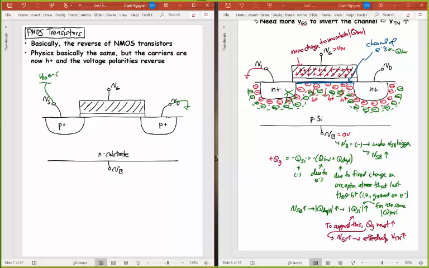But at any rate, this will be the positive voltage here, more positive than what I have on my drain. Okay, the gate voltage that I'll put is going to be less than this VDD. So if I'm applying VDD here, then for my gate voltage, I'm going to want to apply something less than VDD, so I can sort of draw it like this.